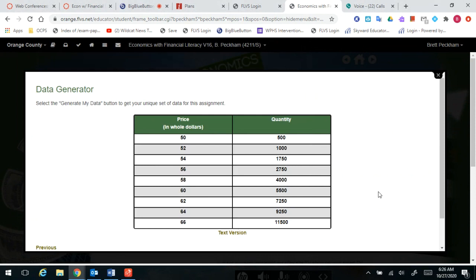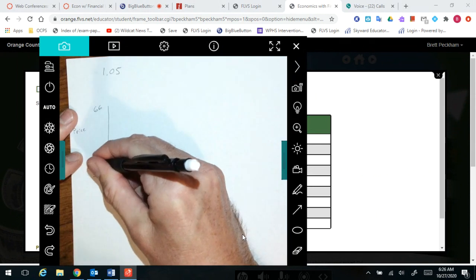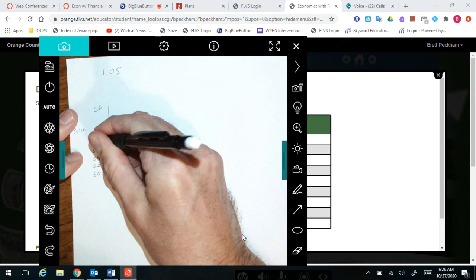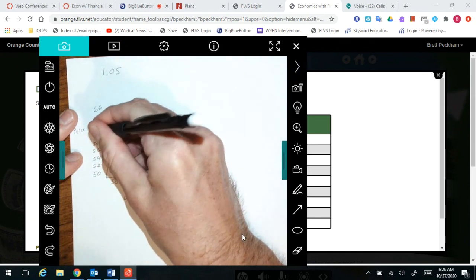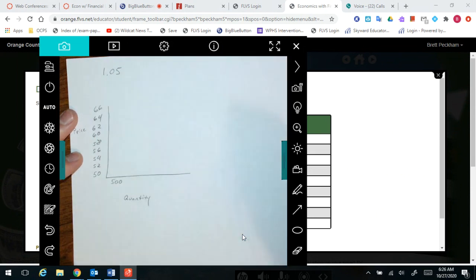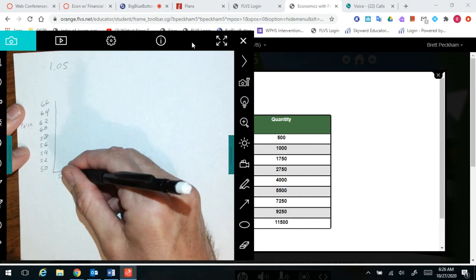So 50 to 66, so 50, 52, 54. Okay, and then on the quantity side, you're just going to make it fit here.